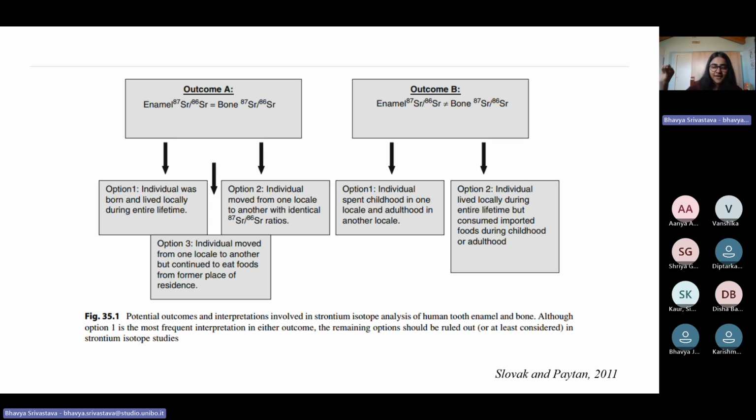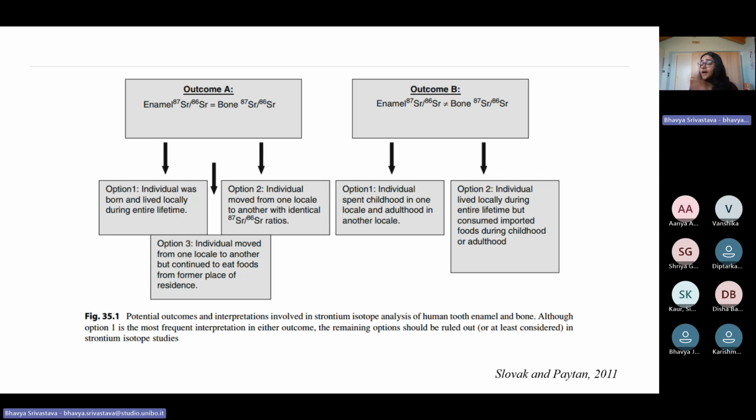I was born in Allahabad, but I stayed in Delhi, and if I stay in Delhi for the rest of my life, there is not much difference in the geological profile of Delhi and Allahabad, and so the enamel and the bone ratio of my skeleton would be fairly similar. Why is this? Because the strontium profile of both regions is more or less the same. It would not be the same in the case of Italy, but it would be the same in these two places, which makes it difficult to identify any movement from one region to another.